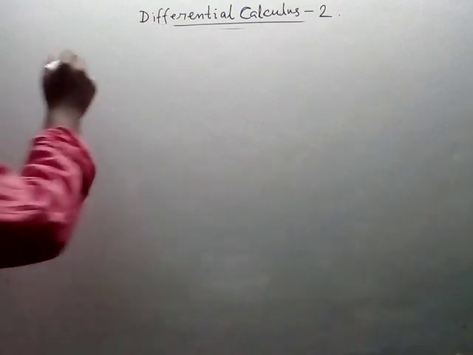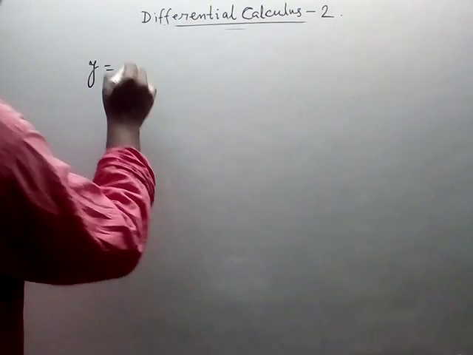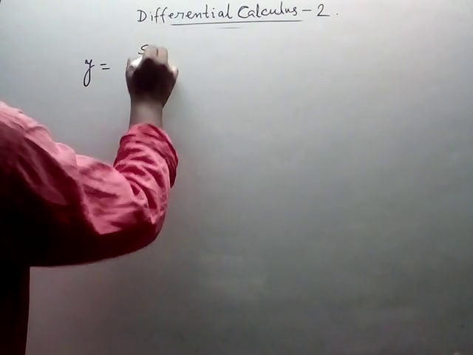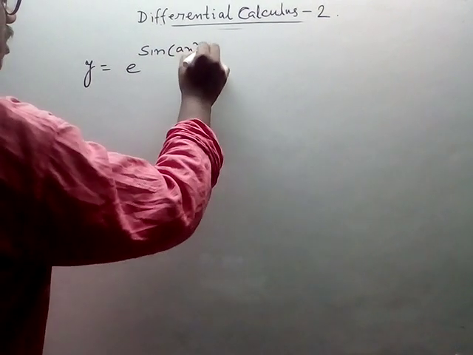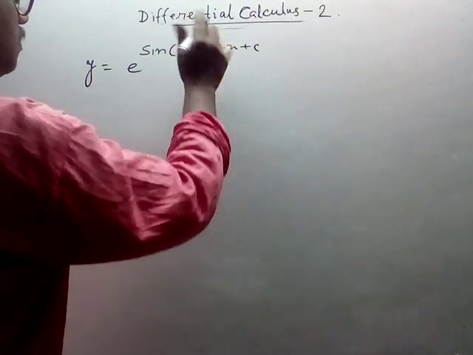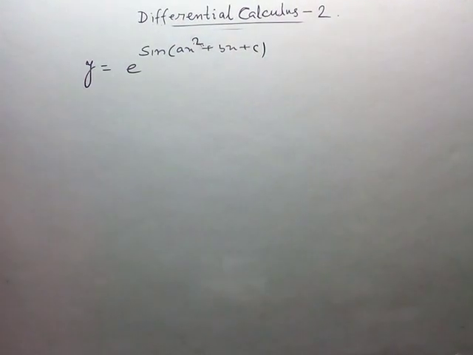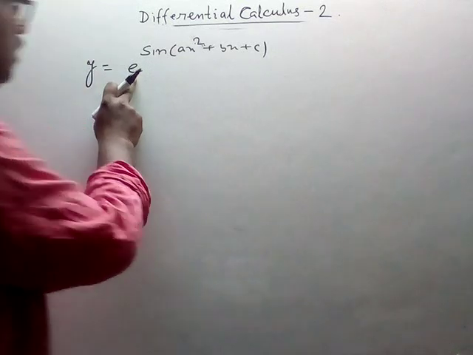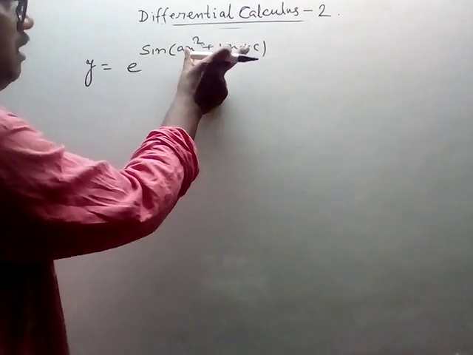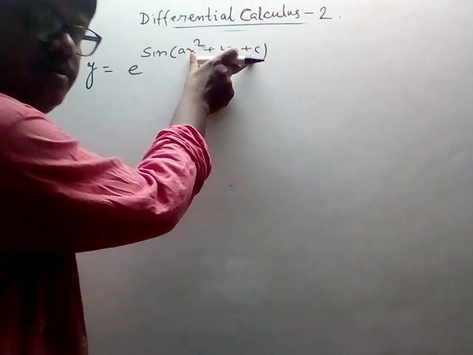Now, if y equals e power sine of ax square plus bx plus c, consider these functions. Here are three functions: first exponential functions, then trigonometric functions, then algebraic functions.